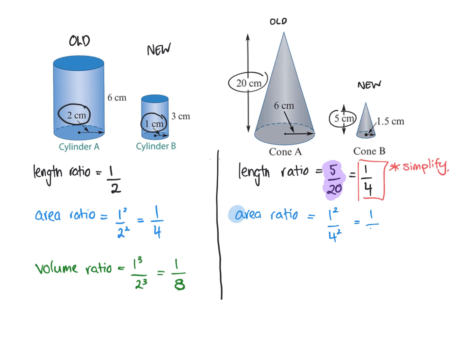So it'd be 1 over 16. And if we need the volume ratio, we need to work these out because we're going to need them to solve some questions. We're simply going to cube the original. So 1 times 1 times 1 is 1, and 4 times 4 times 4 is 64.